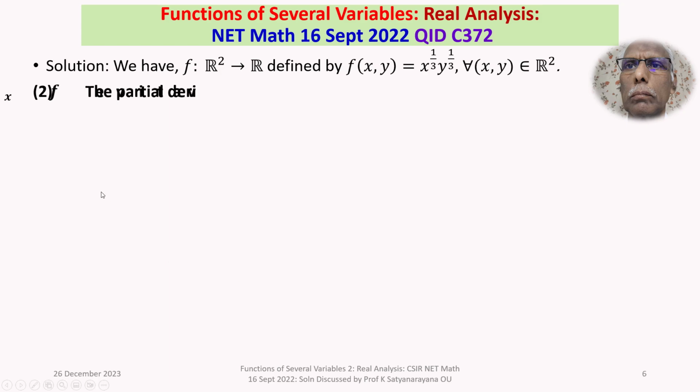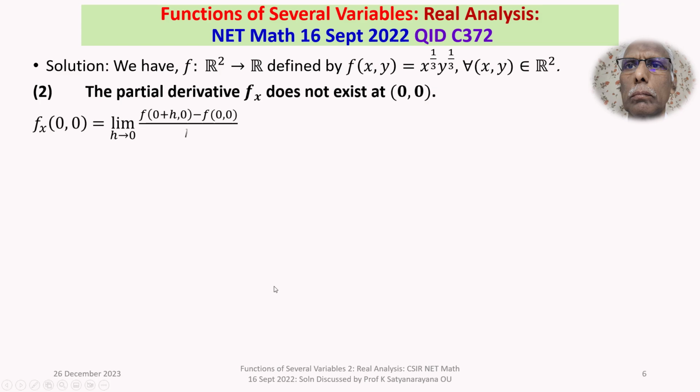Now we take option 2: the partial derivative f suffix x does not exist at 0, 0. So let us see. The partial derivative of f with respect to x at 0, 0 is equal to limit h tends to 0 of f of 0 plus h, 0 minus f of 0, 0, whole by h.